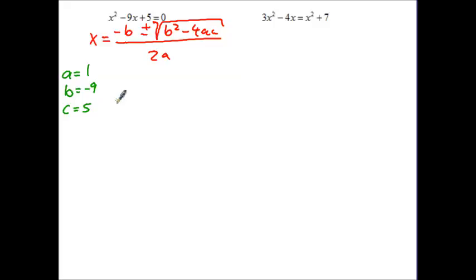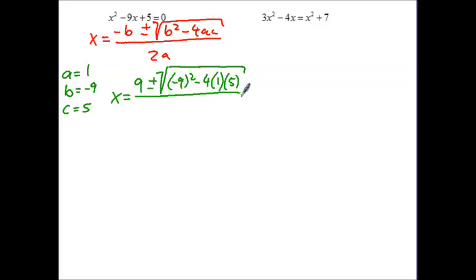So then we get x is equal to the opposite of negative 9, which is positive 9, plus or minus the square root of negative 9 squared, minus 4 times 1 times 5, all over 2 times 1, which is 2.